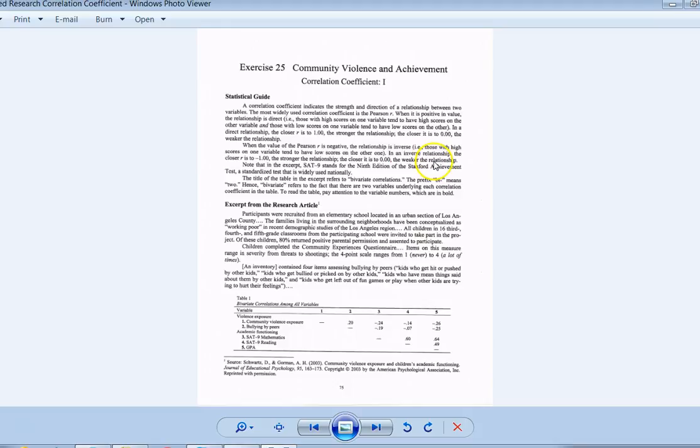In an inverse relationship, the closer it is to -1, the stronger the relationship. And when you look at the opposite, when you have a positive r value, it means the relationship is direct or positive. So those with high scores will also have high scores on the other. So that means it's a positive value or a direct relationship.